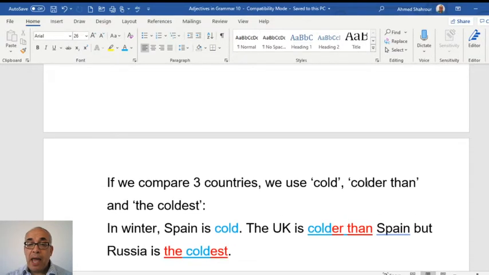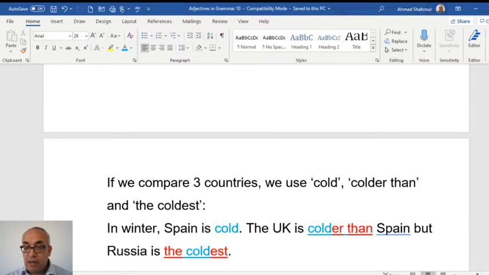If we compare three countries, we use cold, colder than, and the coldest. In winter, Spain is cold. The UK is colder than Spain, but Russia is the coldest. So the blue are the adjectives.